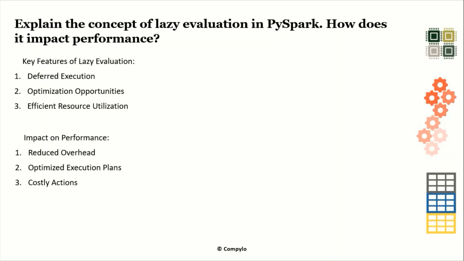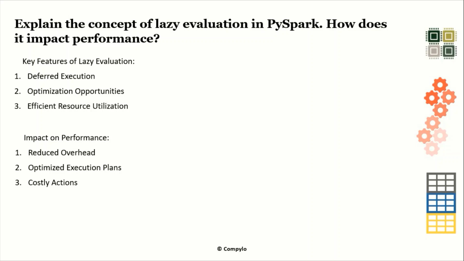And the third point would be costly actions. Since actions trigger the execution, it is important to minimize their use within iterative processes. If you can combine actions or use transformations wisely, you can improve the performance further.